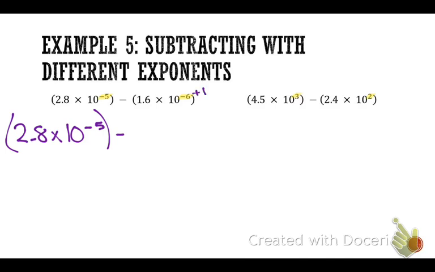So if I need to add 1, what does that tell me to do to my decimal? Move it to the left 1 place. 0.16 times 10. Guys, don't write -6 here. You just moved it. So now it's -5. Now you're ready to subtract and write your answer.